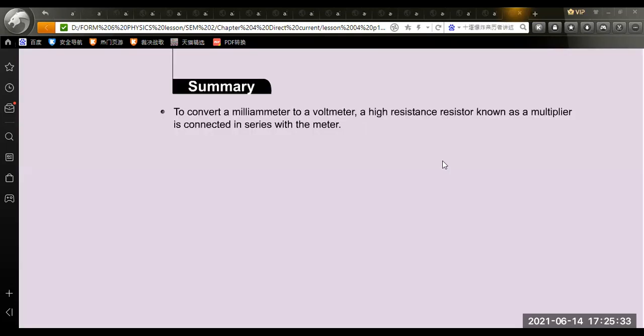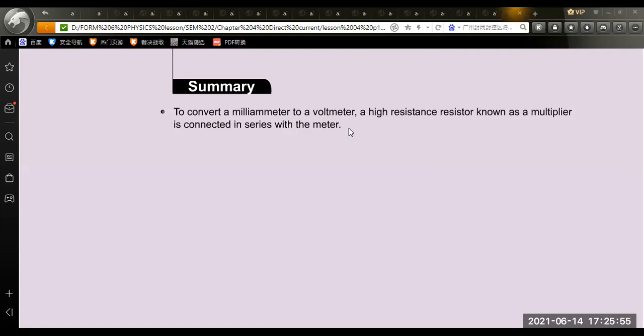Ladies and gentlemen, as a conclusion, to convert a milliammeter to a voltmeter, a high resistance resistor, known as a multiplier, is connected in series with the meter. Shunt is used to divide the current, but voltage, no, still the same.